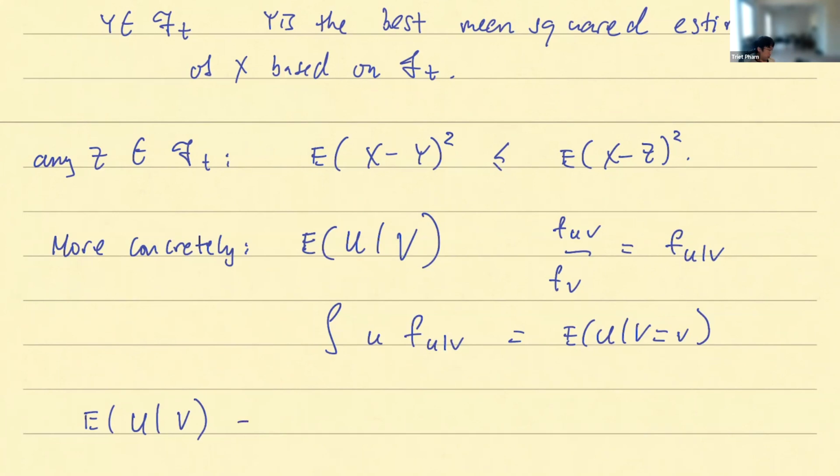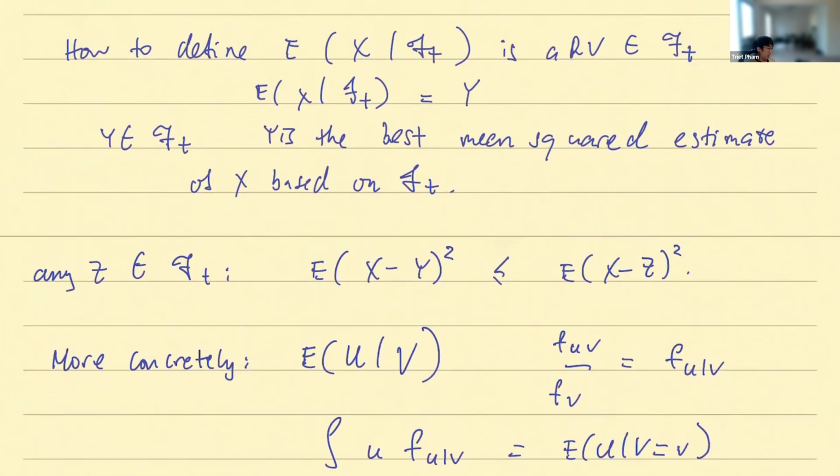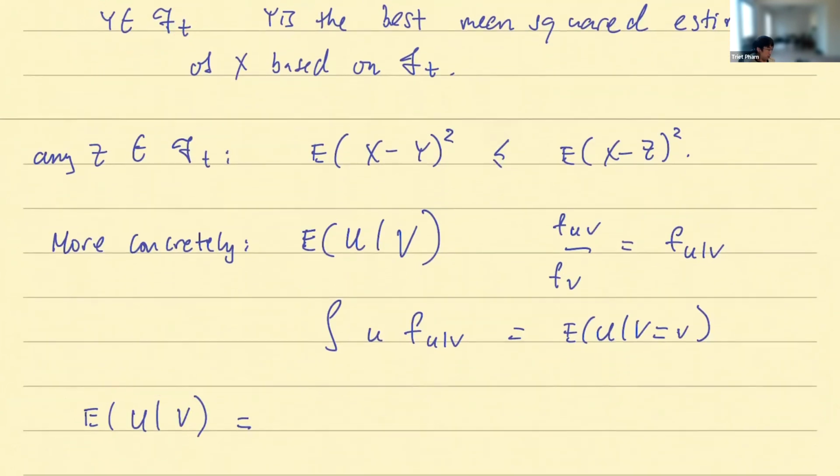So here, what do we mean by saying this is in FT now? What it really means is just a good old function based on V. First of all, conditional expectation on some random variable means that you must base the estimate on this random variable.